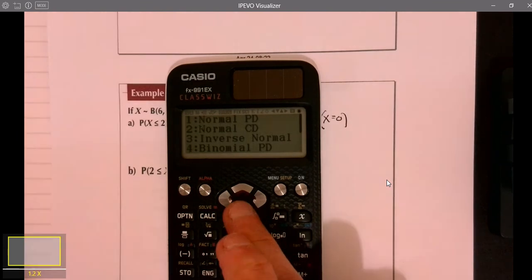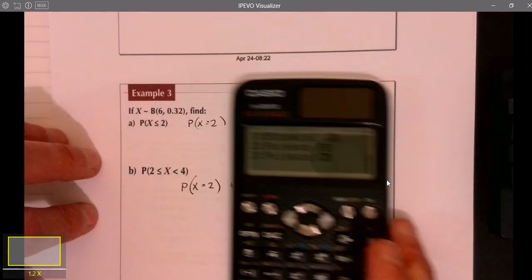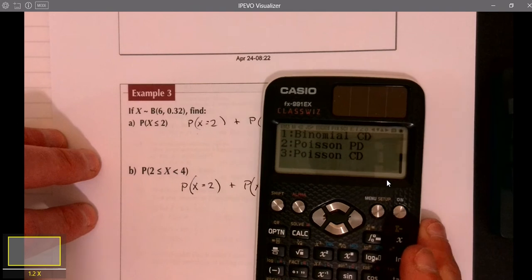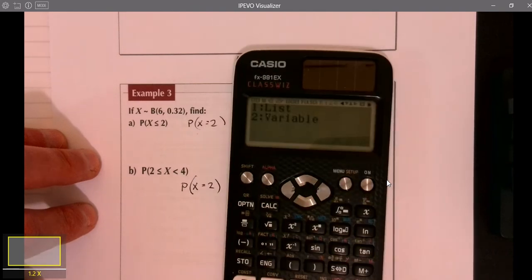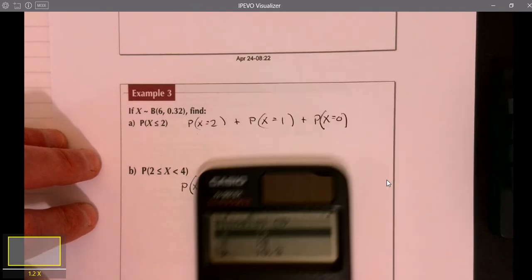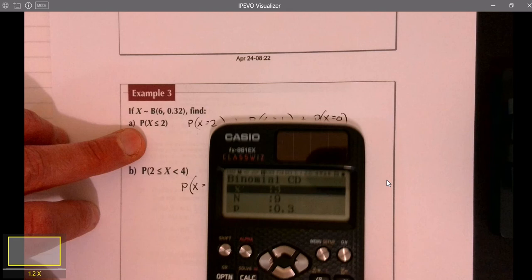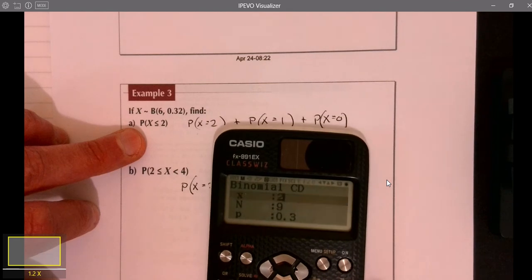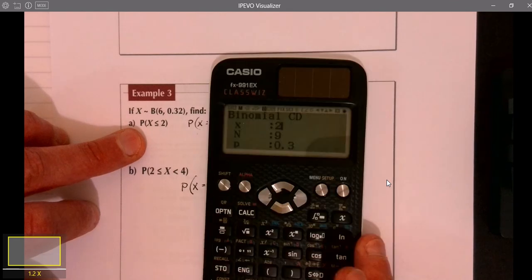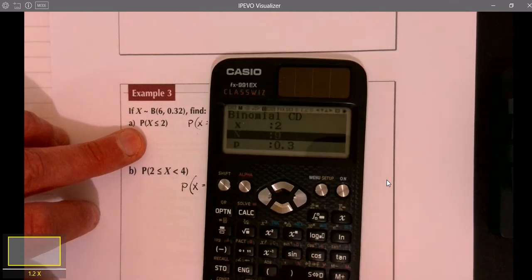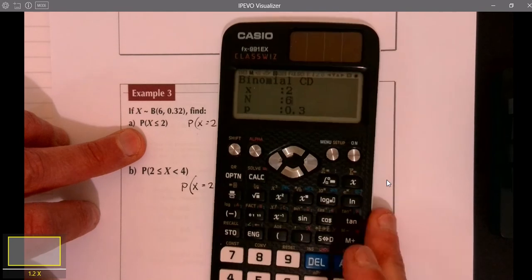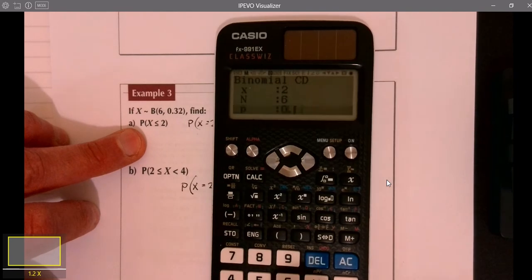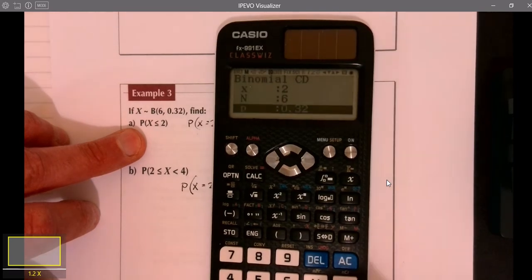We're going to do a cumulative one this time. I'm going to pick number 1. So if we put in 2 here, and n is 6, and then we've got 0.32. It's as easy as this. There we go.